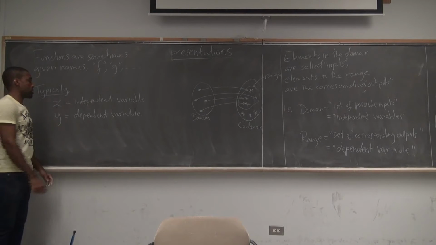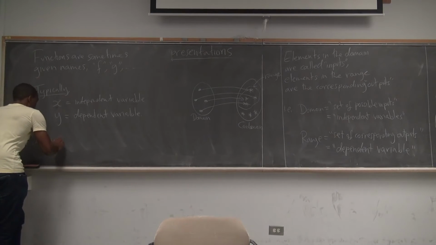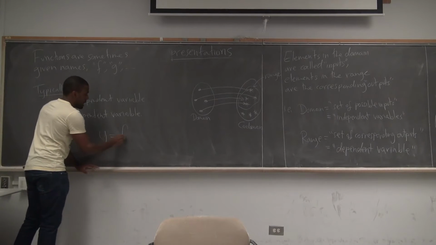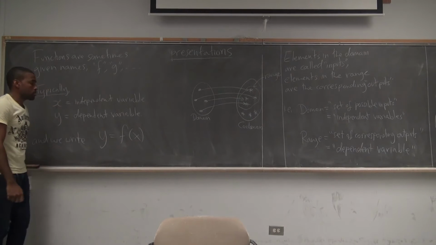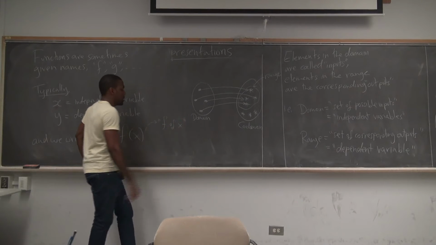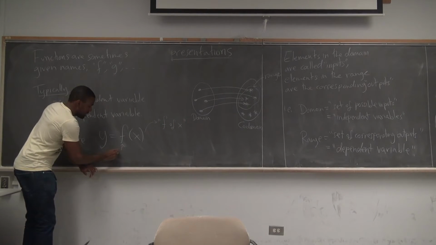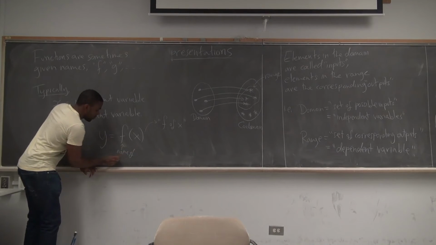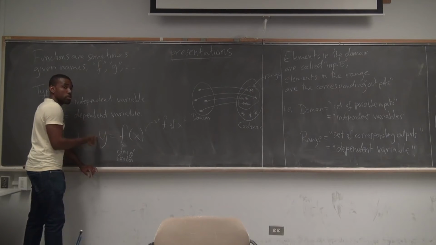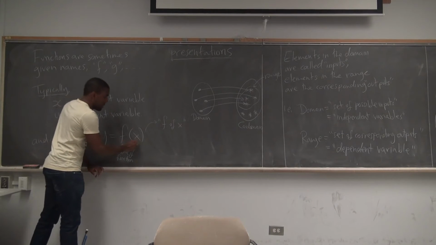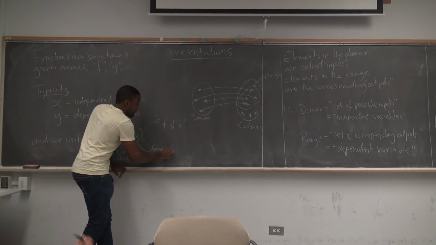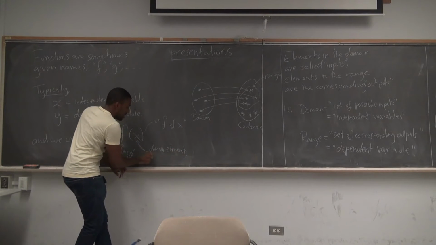F is also typical for a function. And we write y equals f of x. So this is called f of x. Basically, f is the name of the function. In other words, this rule that I made up that will connect a given x to some particular y is called f. This is a domain element, or the independent variable.